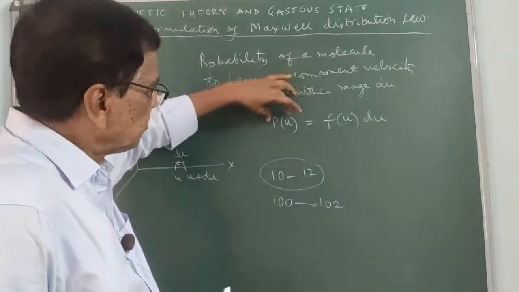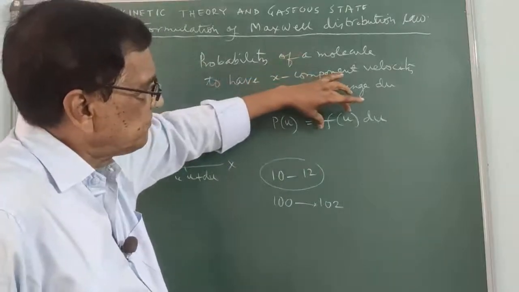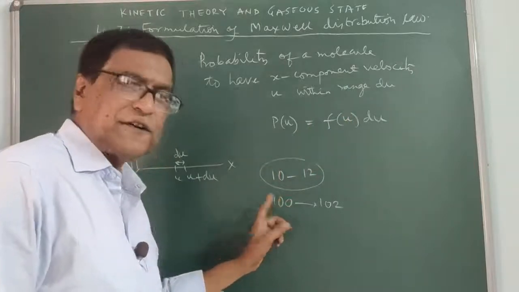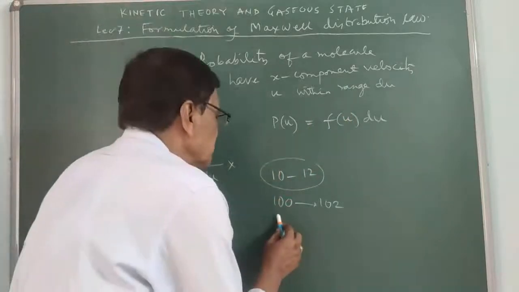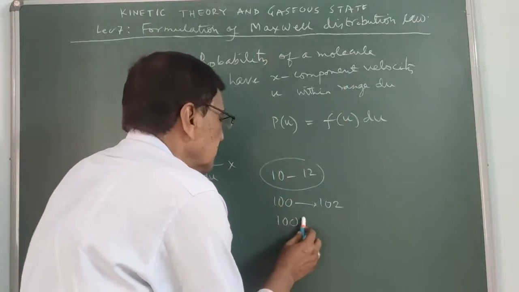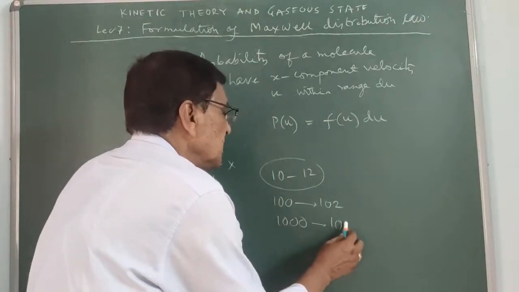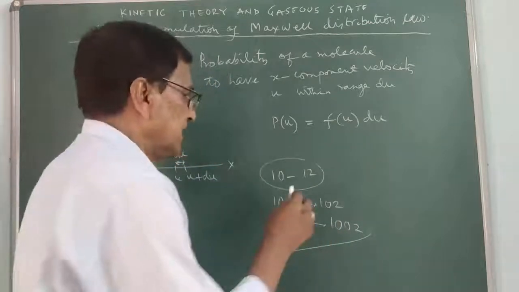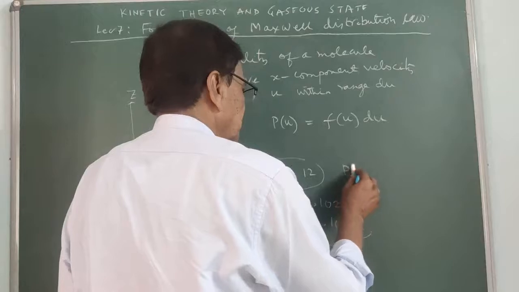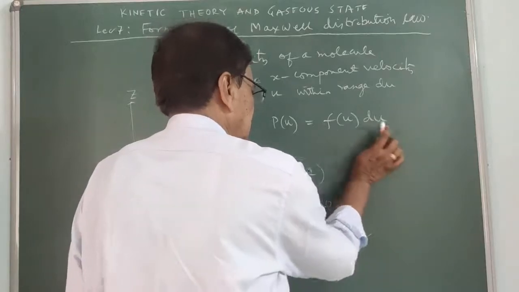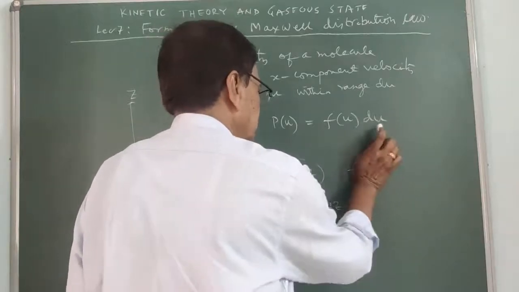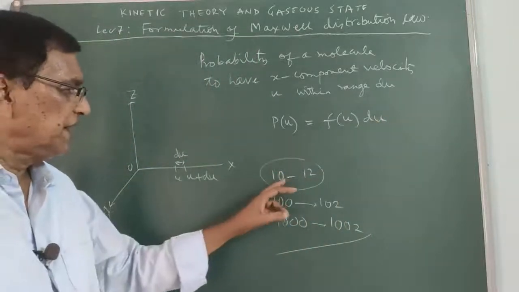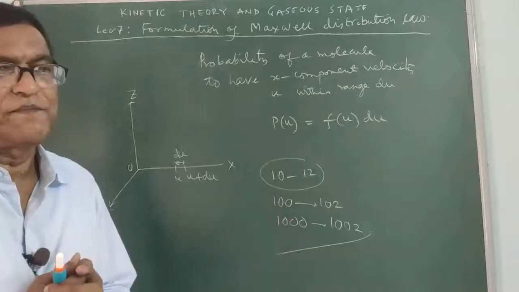So this probability certainly depends on some function of u, here 10, 100, and 1000 to 1002; the probability will be different.